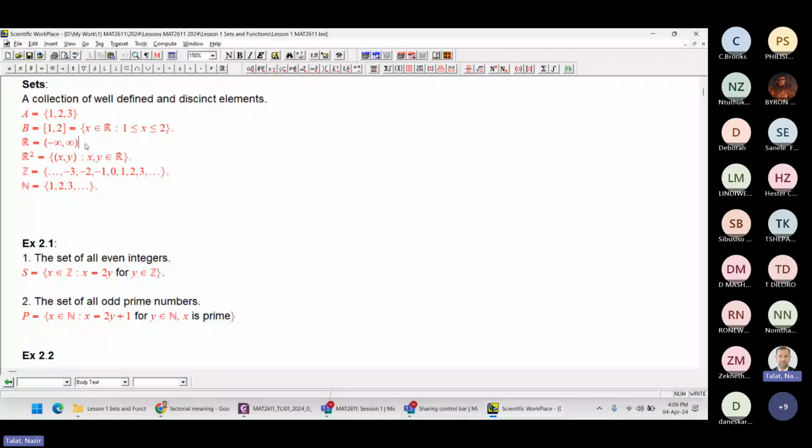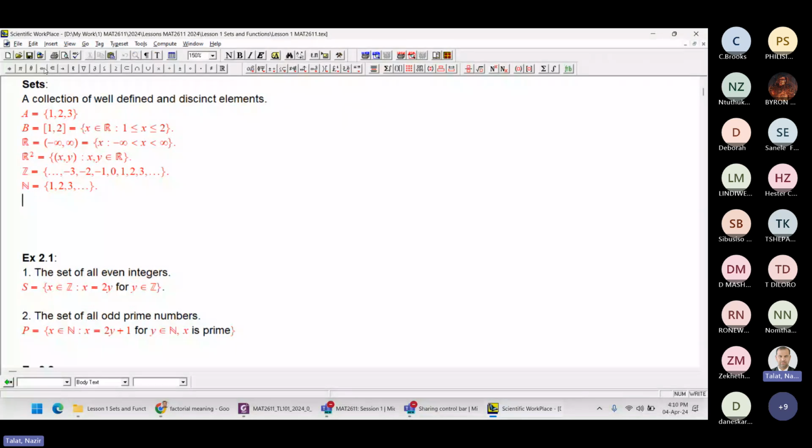For instance, all those x such that minus infinity is less than x and x is less than infinity. So one thing is important: why do we exclude the infinities from the set of real numbers?